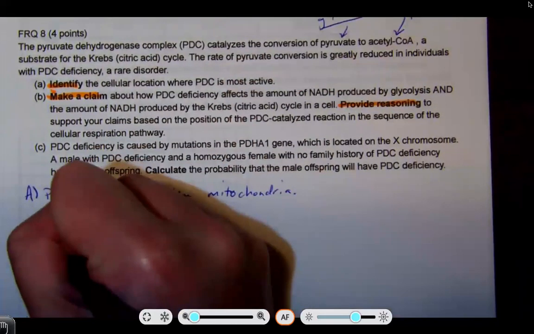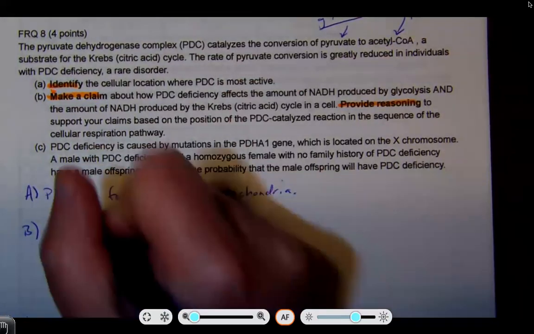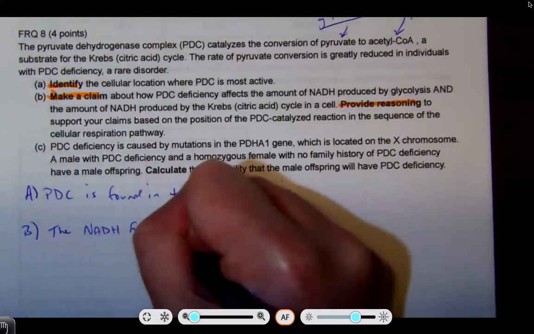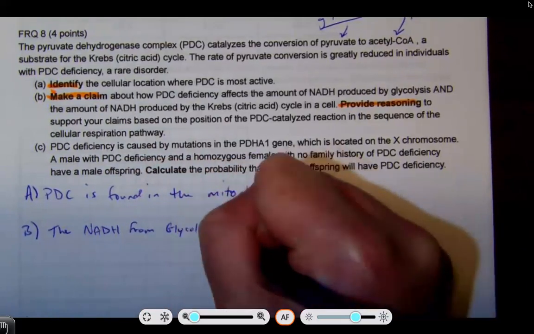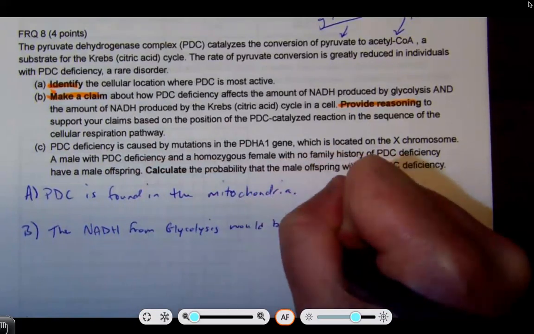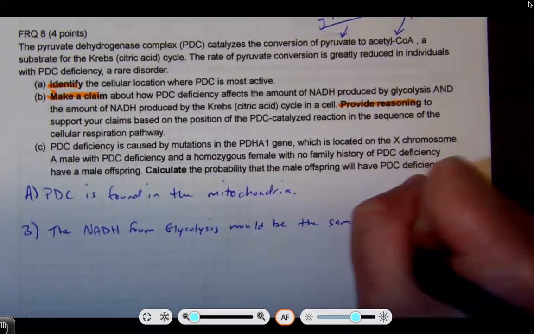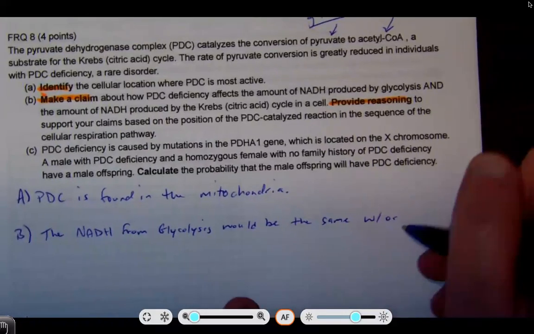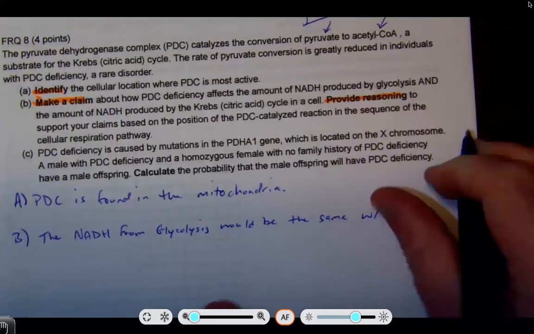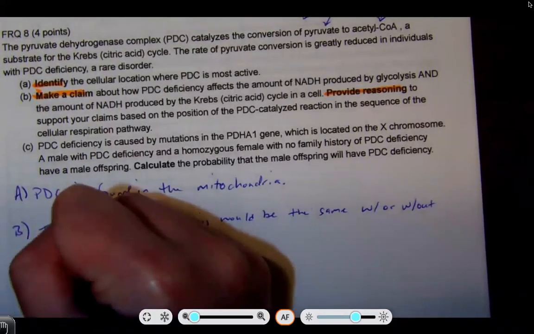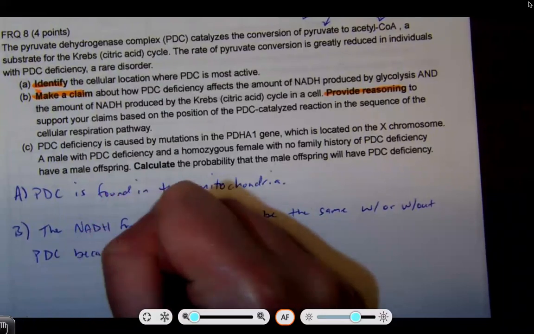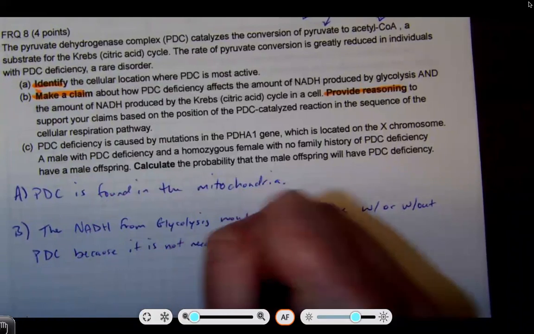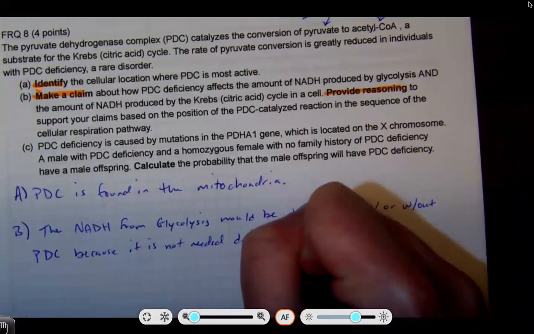So the NADH from glycolysis would be the same with or without PDC because it is not needed during glycolysis.